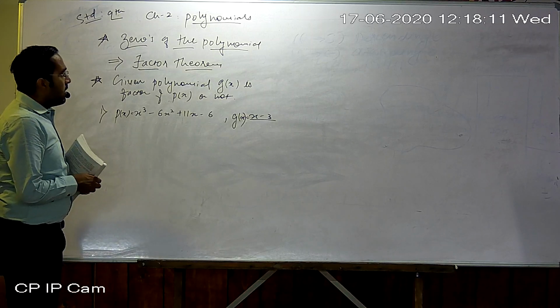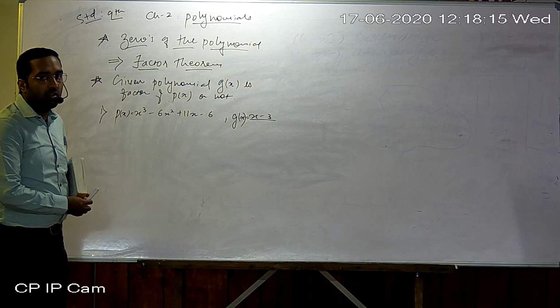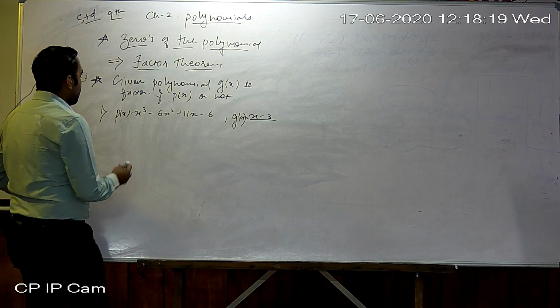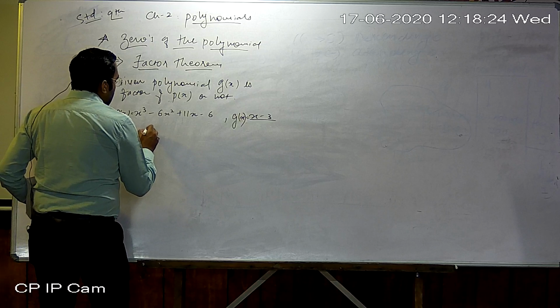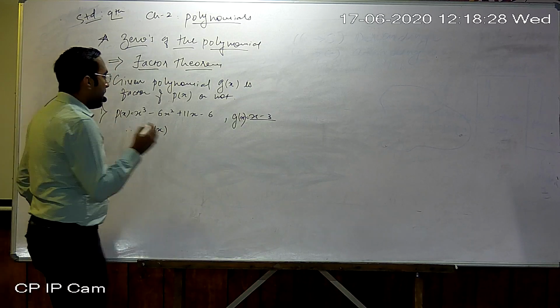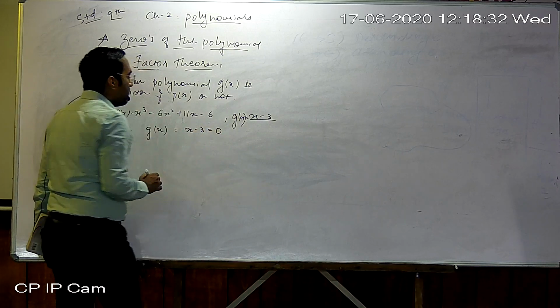As per the previous lecture, what should we do? Using the remainder theorem, we take g of x equal to 0.